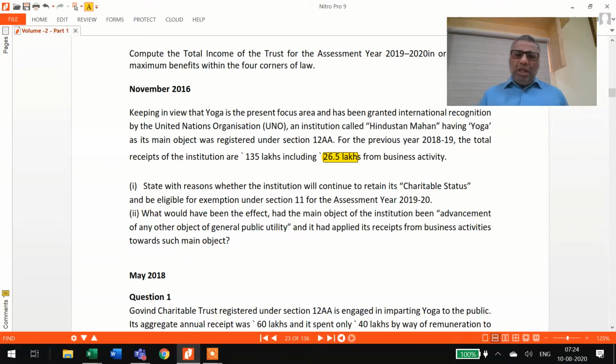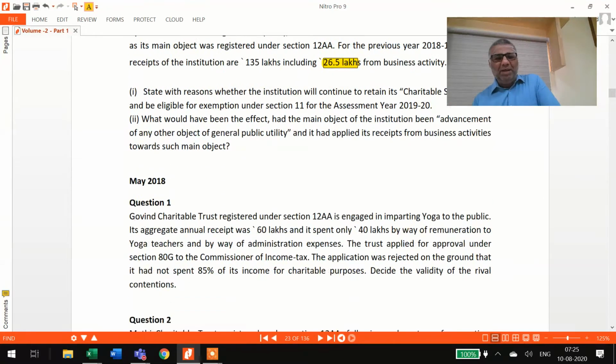So in both the cases, the deduction is available. But as I told you, when this question came, there was one other provision, 25 lakhs. Okay, 20% or 25 lakhs. So at that time the answer was different. Now the answer is different.